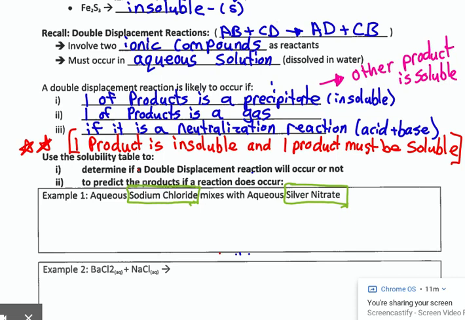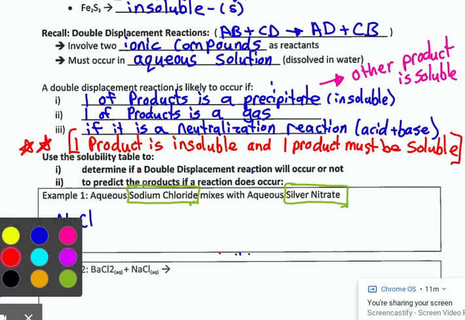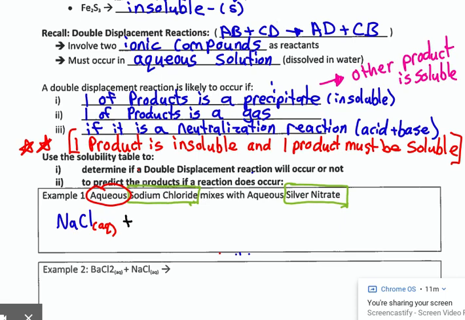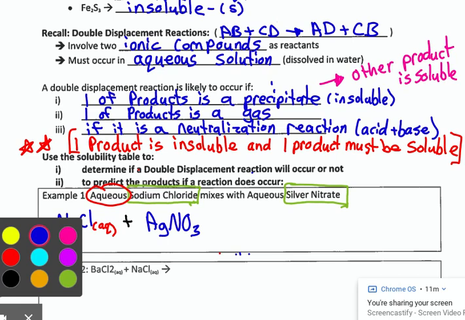Sodium chloride, using my nomenclature, is NaCl, and it's told us that it's aqueous, so we know that it's AQ. That's really important. And our other reactant is silver nitrate. Using our nomenclature, we know the formula for silver nitrate is AgNO3. And again, it tells us that it's aqueous, so we're going to write AQ.